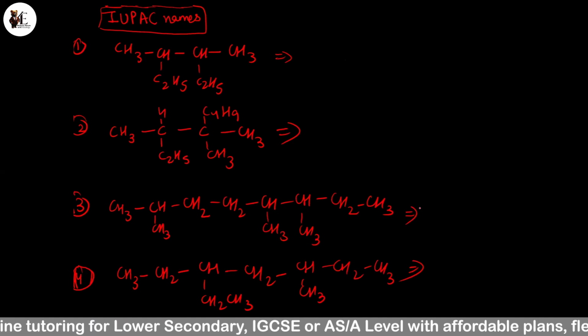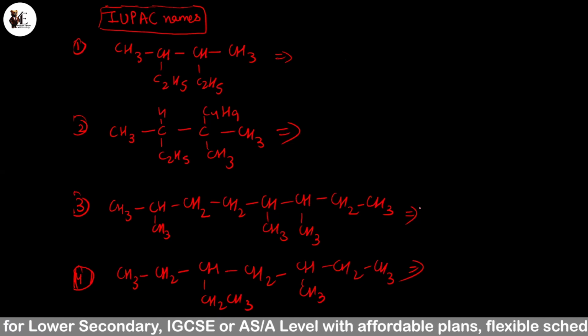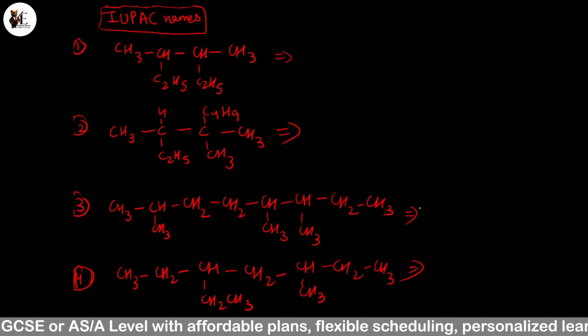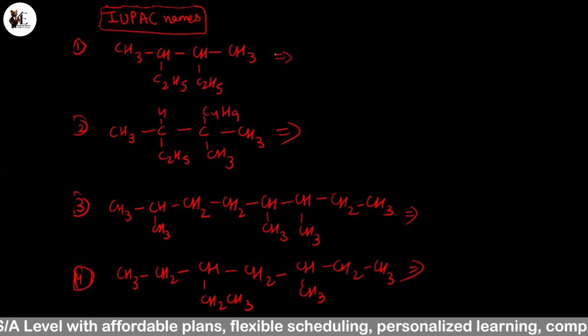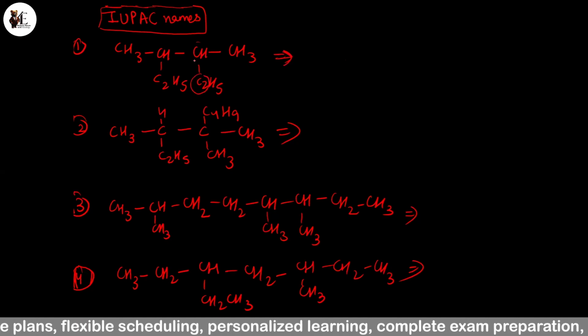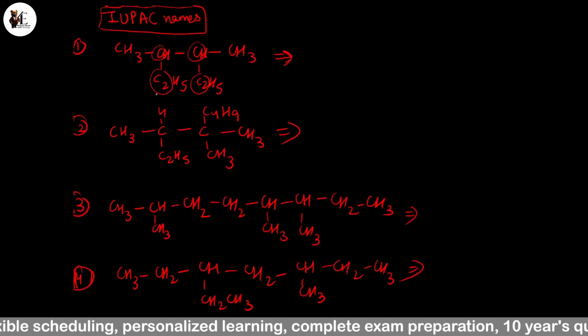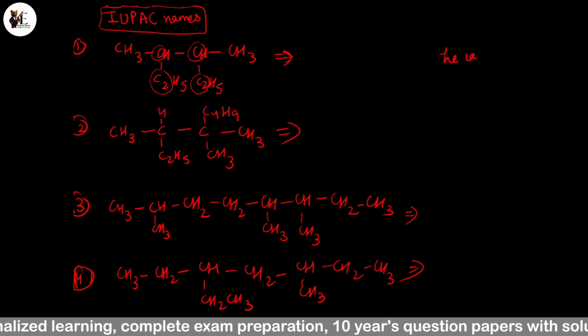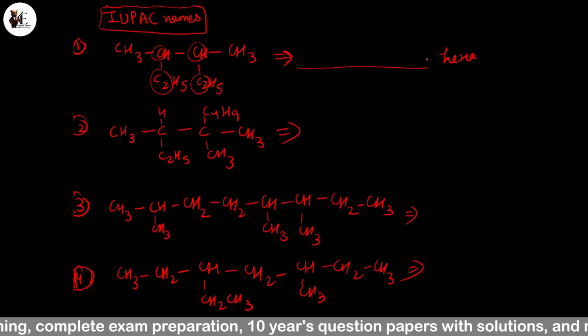I can see there are 6 carbon atoms in continuity. So it should be hexane. Now what should be the groups which are attached? See, 1, 2, 3, 4, 5, 6. So there are 6 carbon atoms. It should be hexane. Now tell me the prefixes.